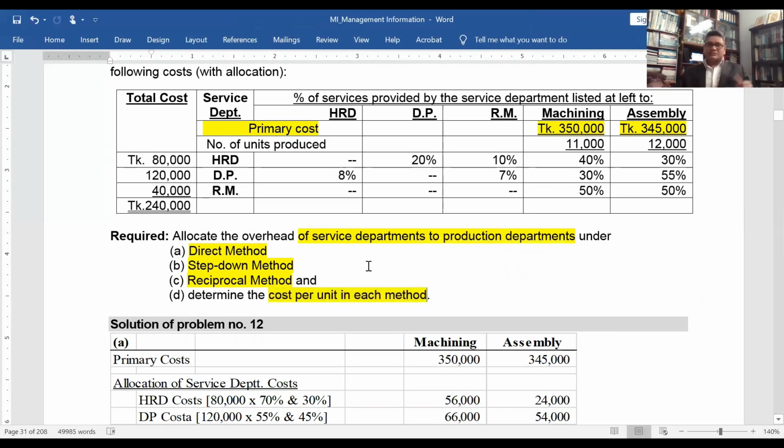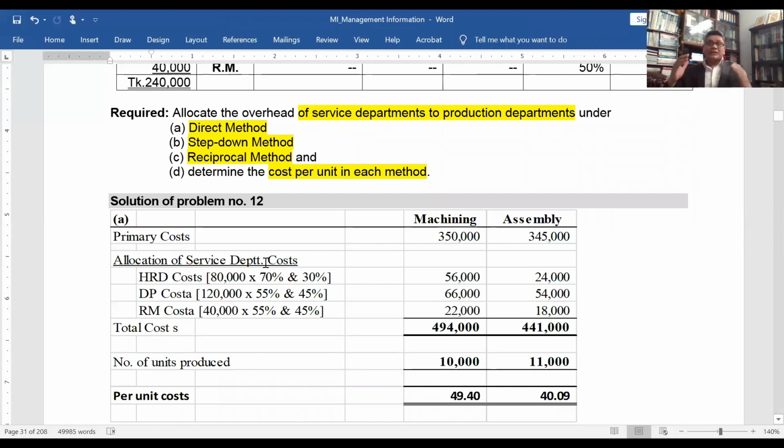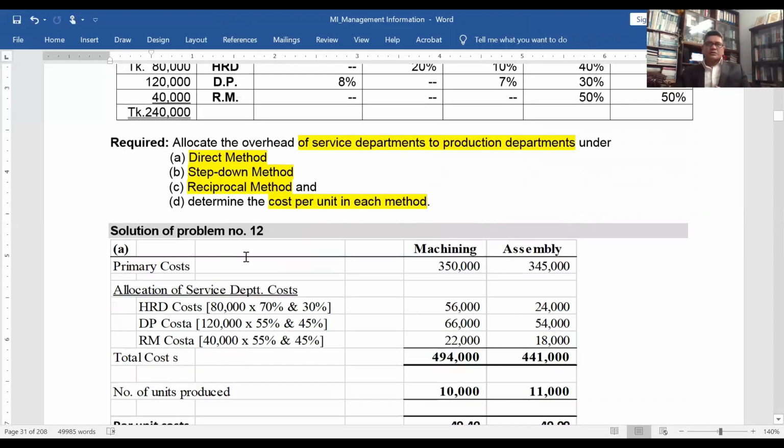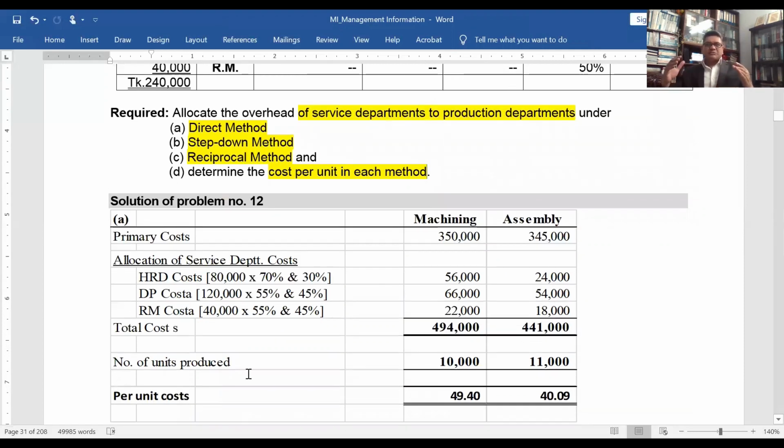So let us start. Look here. Under direct method, primary cost of machining 3,50,000, assembly cost 3,45,000. And allocation of service department costs. Look here, HRD cost 80,000 is 70% for machining and 30% for assembly.